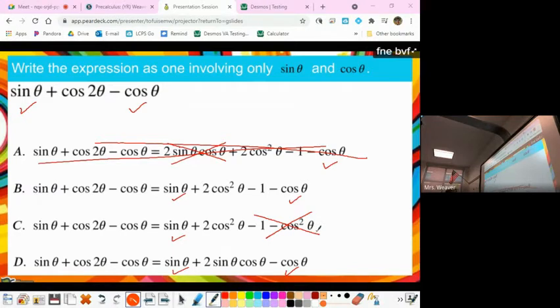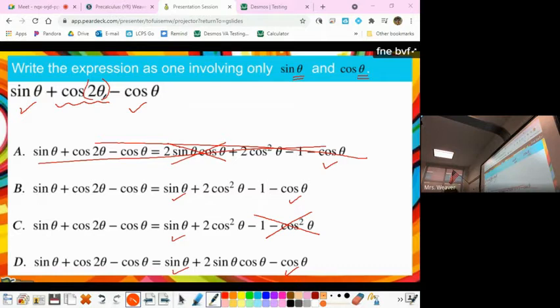Now the middle term, that's the one that's cosine 2 theta. If we want it to just be sines and cosines, we need a correct substitution there, because the difference here is that we want just the regular thetas and not the 2 thetas. Right now, this one has a 2 theta. So if I wanted to substitute there, cosine 2 theta, check your formula card.